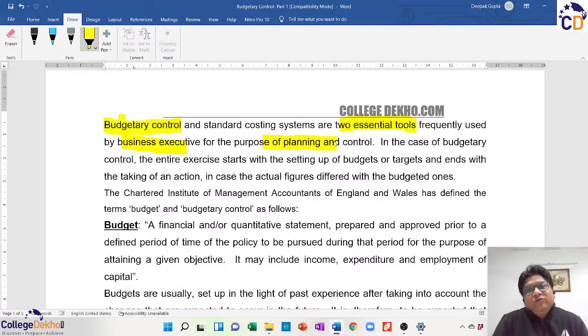As you say, if you don't have an objective, you don't have a way to go. On the same lines, we provide a budget, that is a path, a target to be achieved by the staff to achieve the overall objective of profitability for the business.